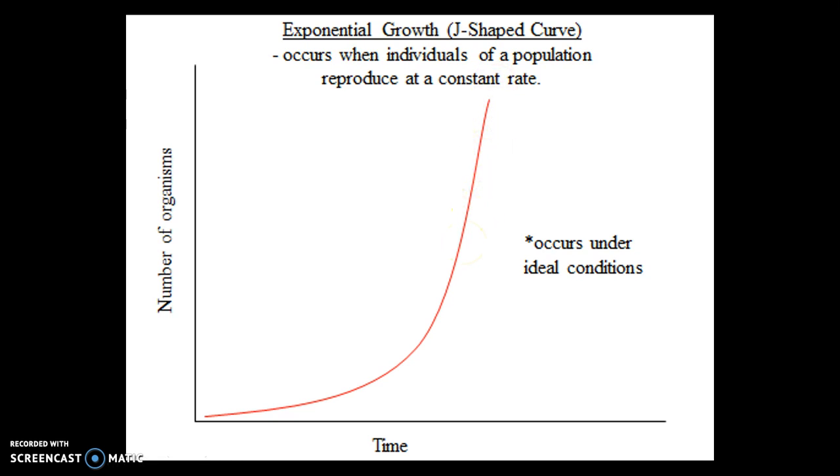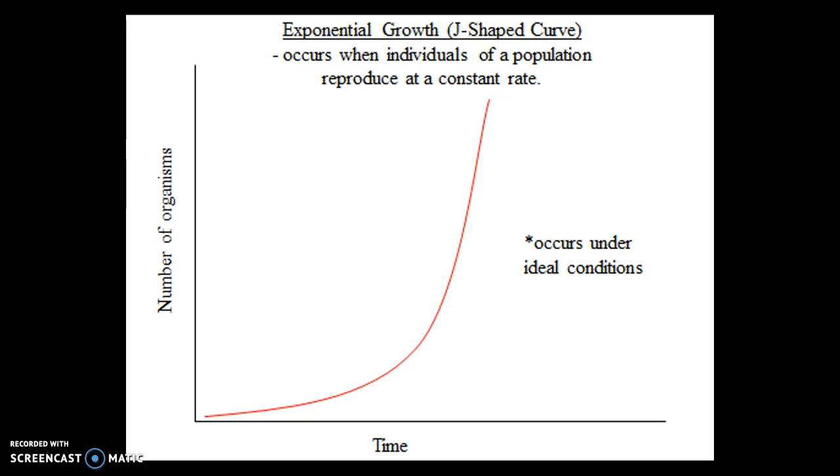It's kind of explosive. Now, this occurs in real life under ideal conditions. Okay, very low competition, lots and lots of resources, not a lot of predators taking you out. But the problem with this is you can't have exponential growth forever and ever because the environment cannot support an infinite amount of individuals.